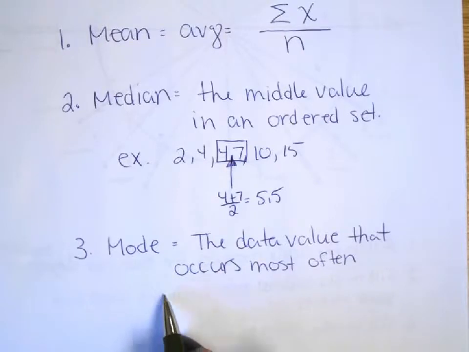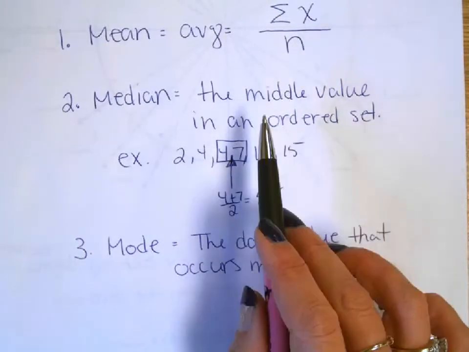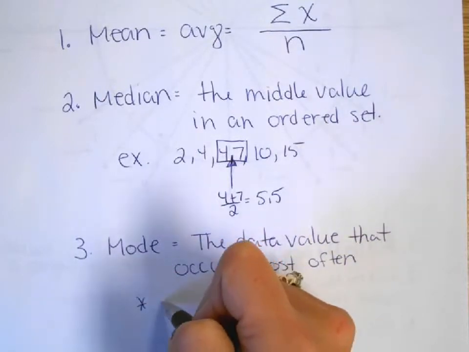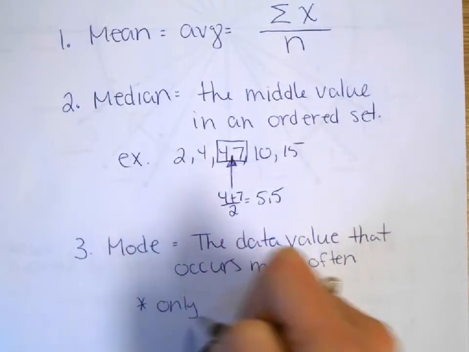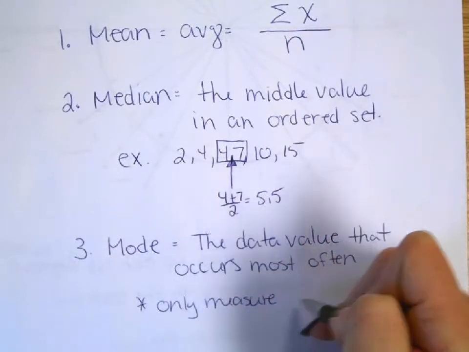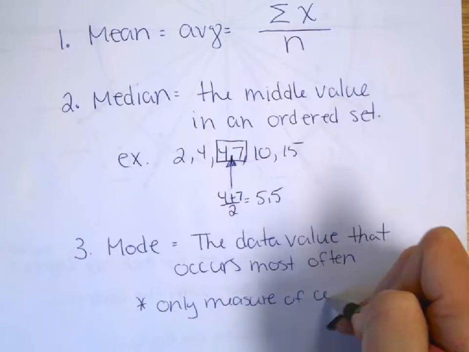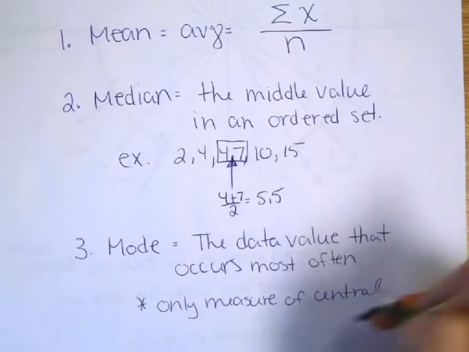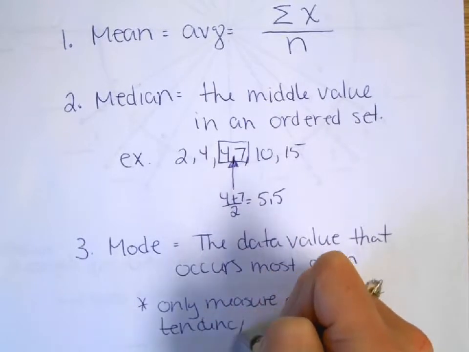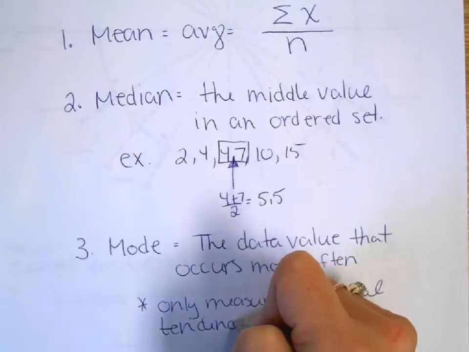Remember, qualitative data are words. Well, you can't average words or find the middle word. So this is the only measure of central tendency for qualitative data.